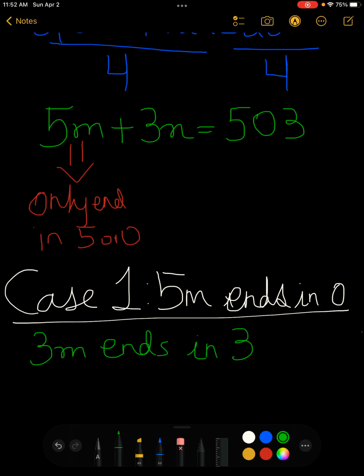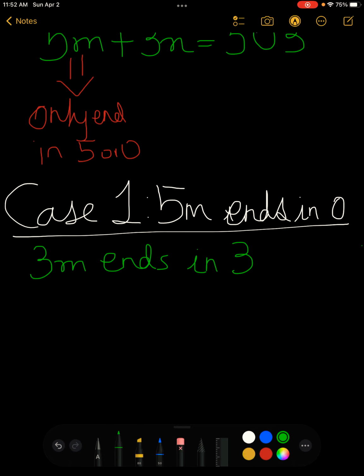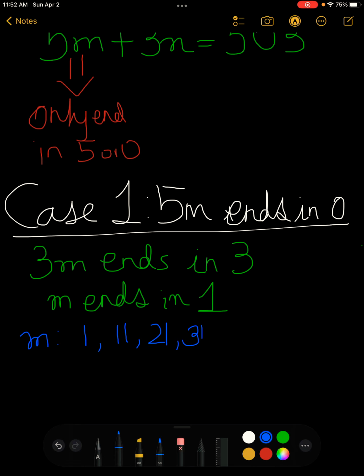And the only way for 3n to end in 3 is if n ends in 1. So the possible values of n could be 1, 11, 21, 31, and so forth.